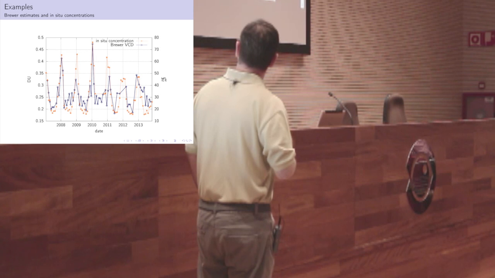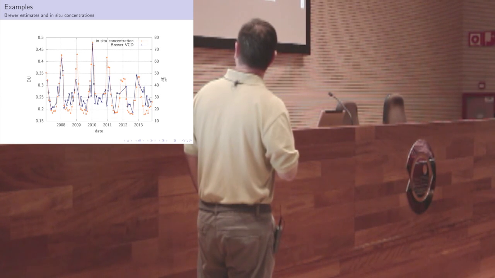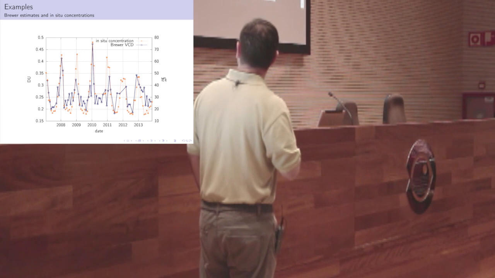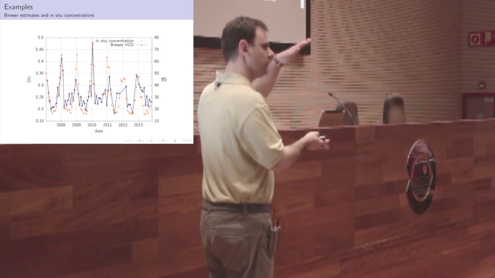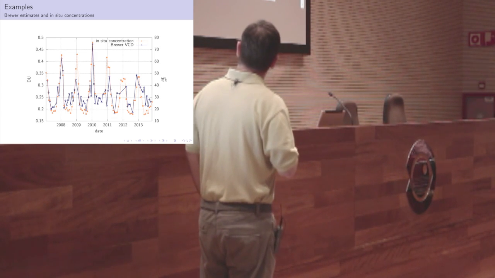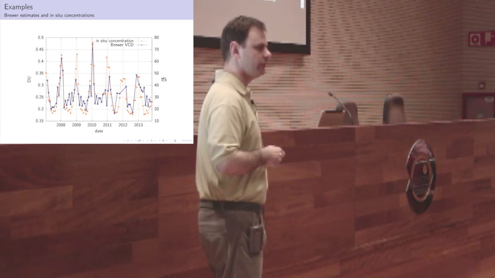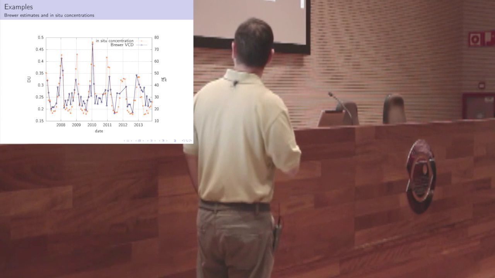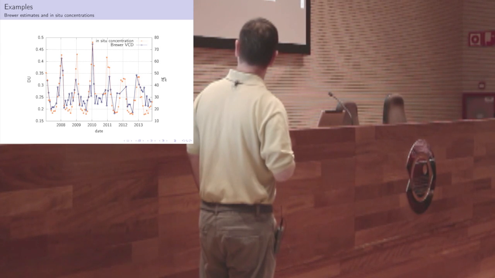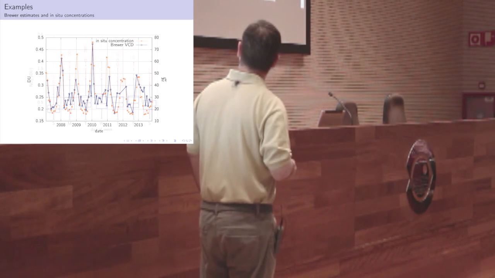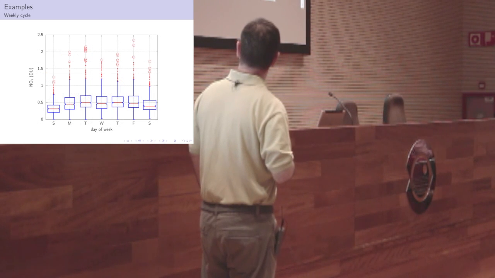For example, this is a plot illustrating the results, the retrieval by the Brewer, in Dobson units of the full atmosphere, and the in situ air quality measurements, and you see nice correlation. These are monthly means, nice correlation between those two measurements.